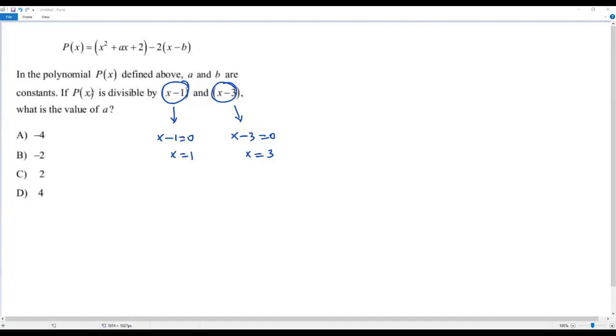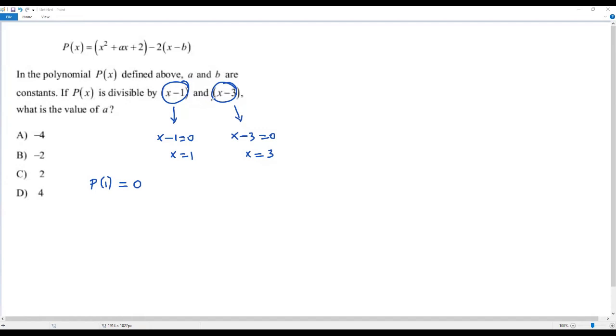According to the remainder theorem, when the polynomial function P of x is divided by the linear expression x minus 1, to get the remainder, I have to plug in this value 1 for x over here. So P of 1 represents the remainder when P of x is divided by x minus 1. Since P of x is divisible by x minus 1, the remainder must be equal to 0.